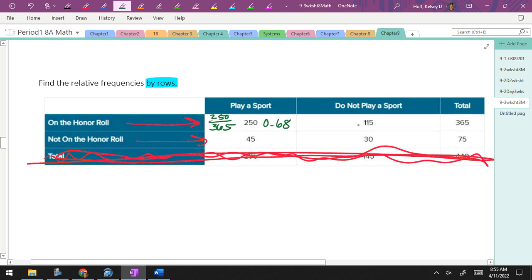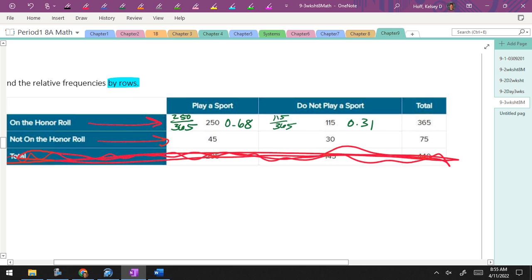How about the next one? What do I put? 115 divided by 365. 0.31. And the last one in that row? 1.00. You guys try this next row all on your own, not on the honor roll.